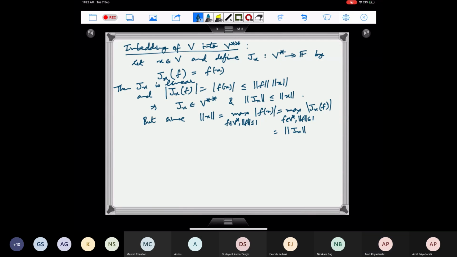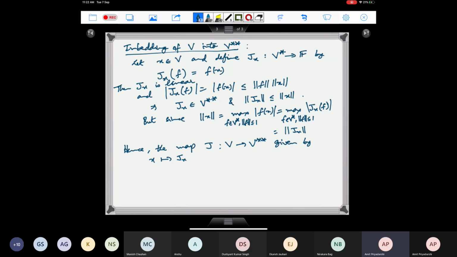Therefore, now we can define the map J from V to V double star given by x going to J_x.